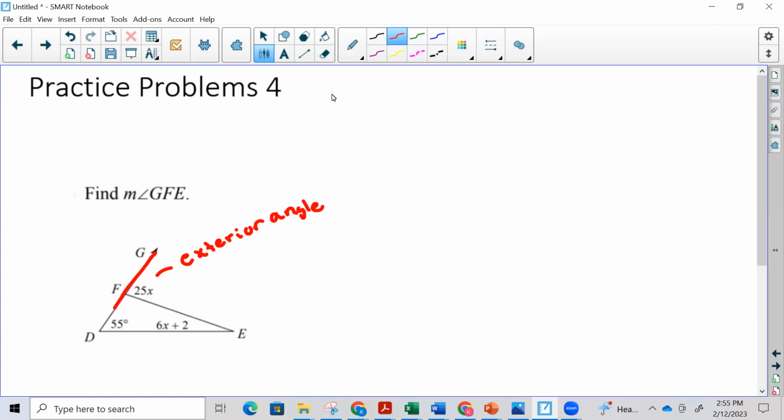And we know the exterior angle theorem, which says that if we have this exterior angle, which I'm going to call angle 1, that's equal to the sum of the remote interior angles.